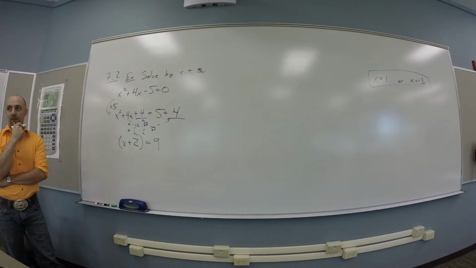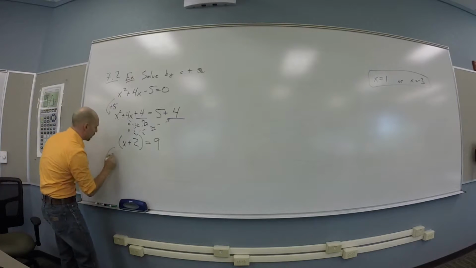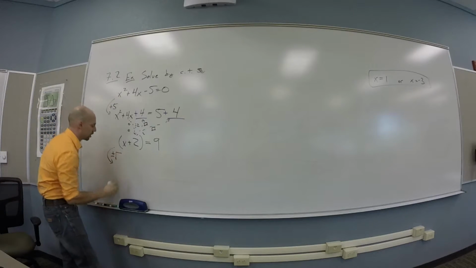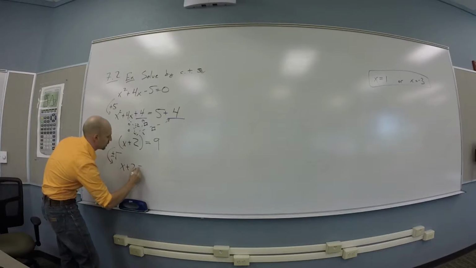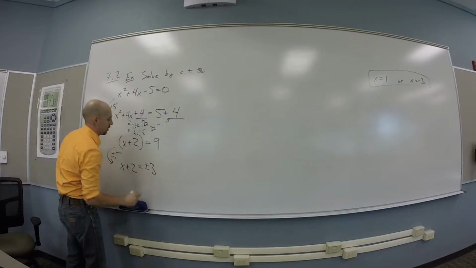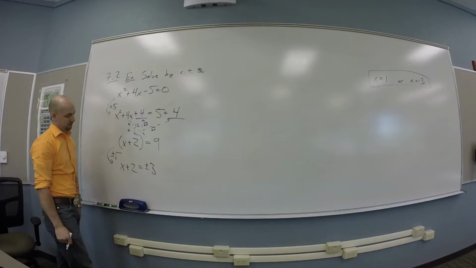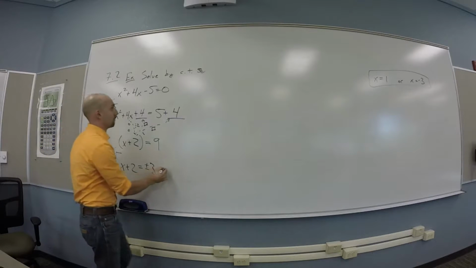Now I can extract the roots. So what do I do to both sides? Plus or minus square root. So we apply plus or minus square root, and I get x plus 2 is plus or minus 3. And then what? Then you subtract 2 also.